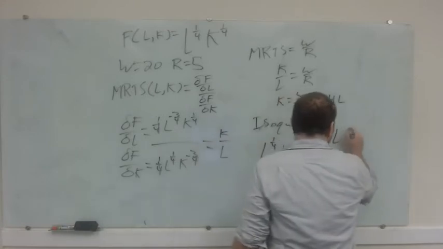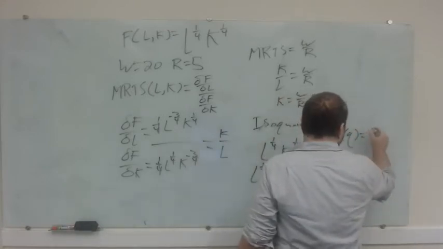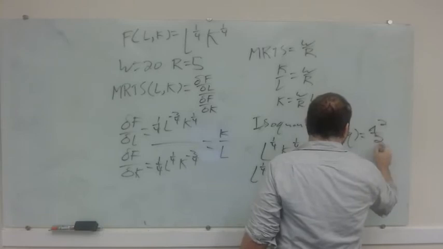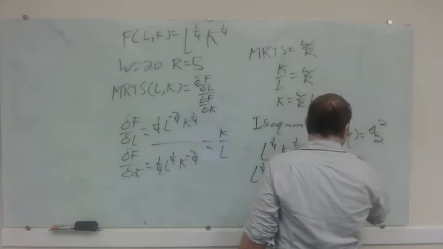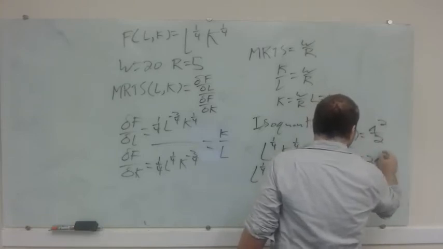L of Q is going to equal Q squared over 2. K of Q is going to equal 2Q squared.